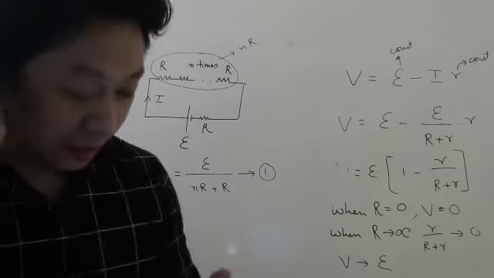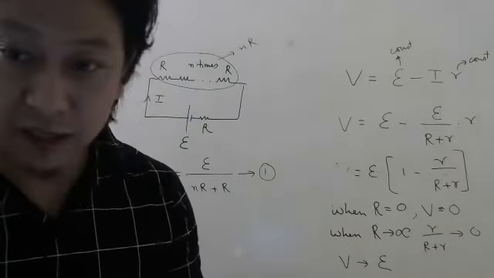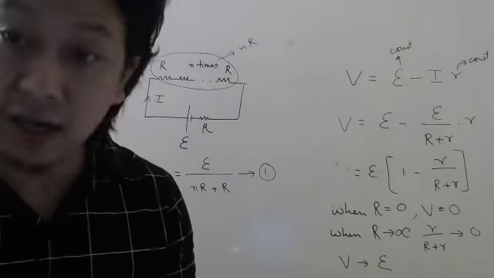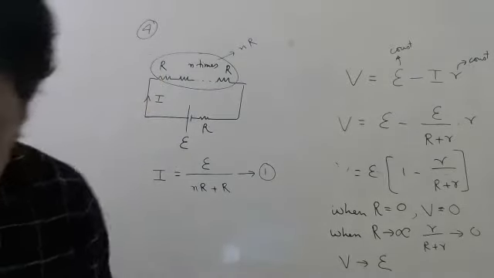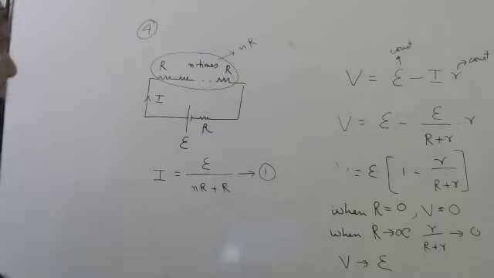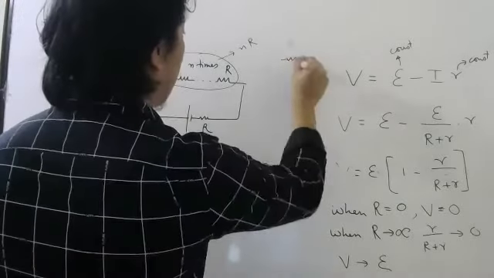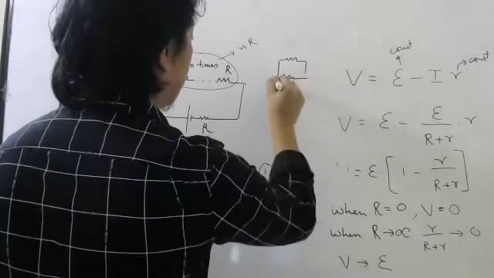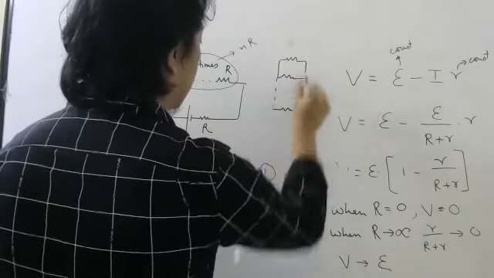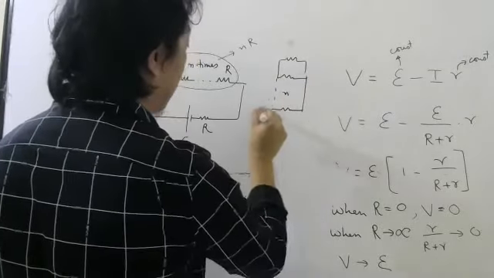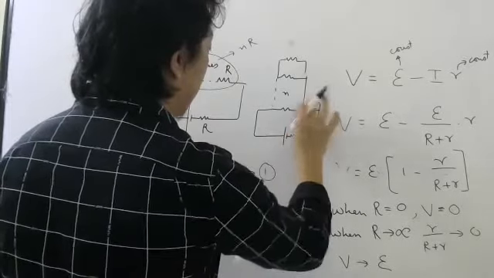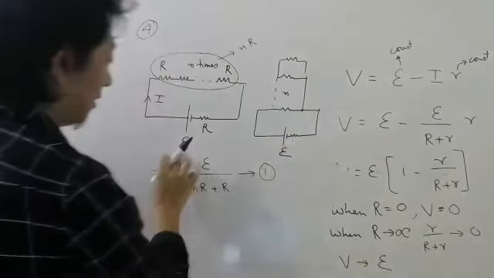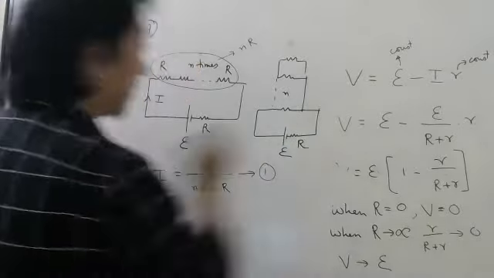Now what they are saying, then the N resistors are now connected in parallel to the same battery. So if I draw a picture like this, this is N times in parallel to same battery. Same battery means same EMF, same internal resistance.